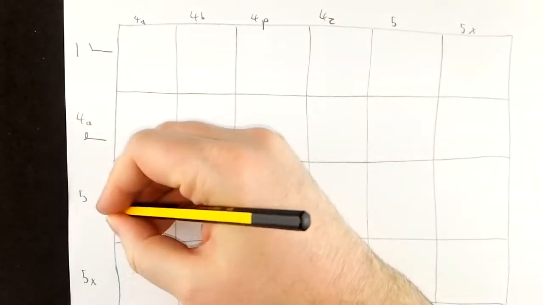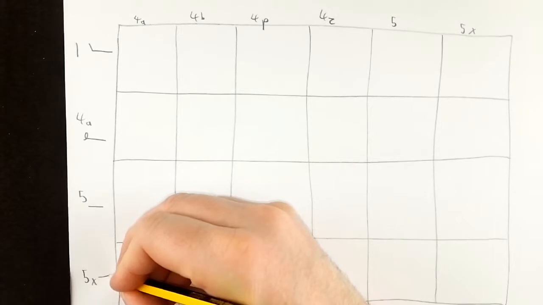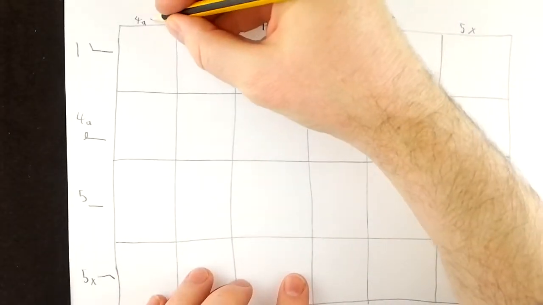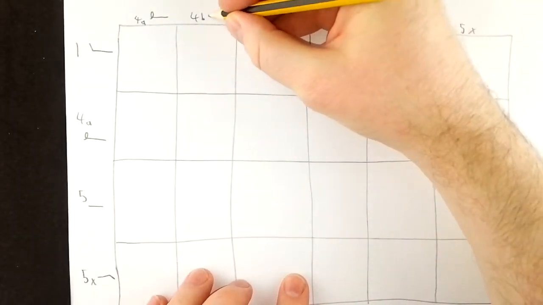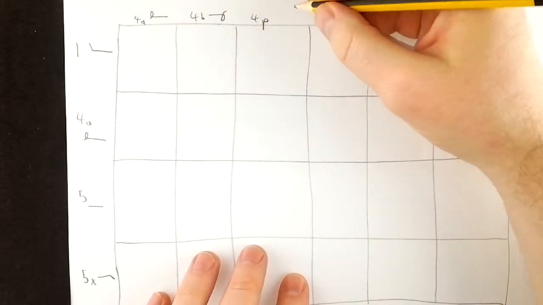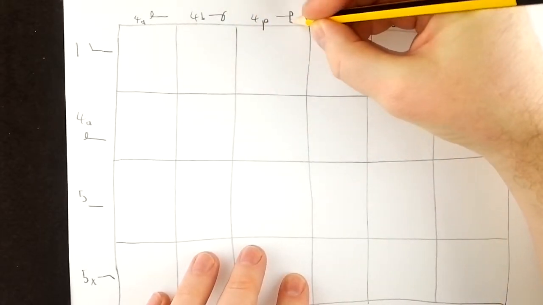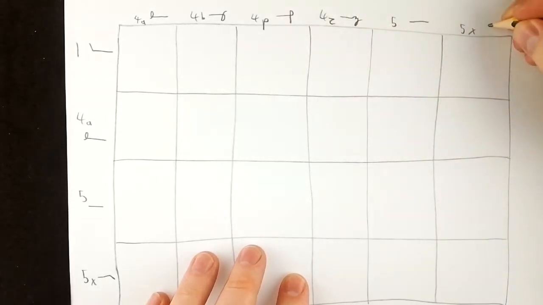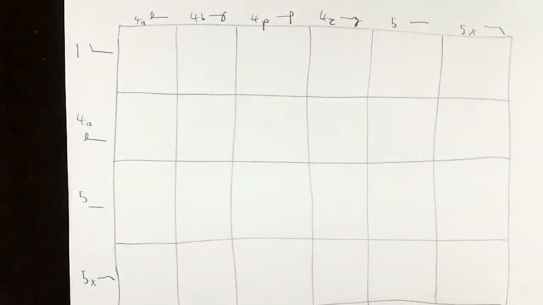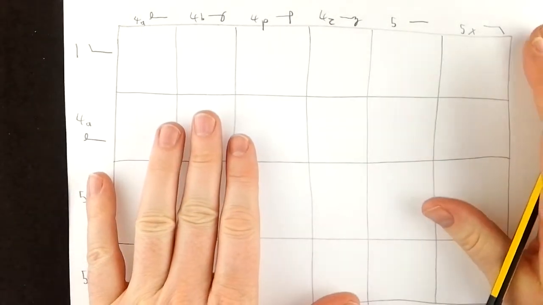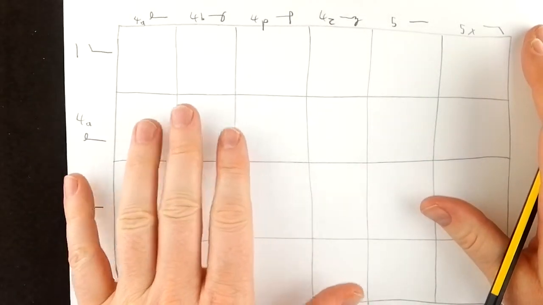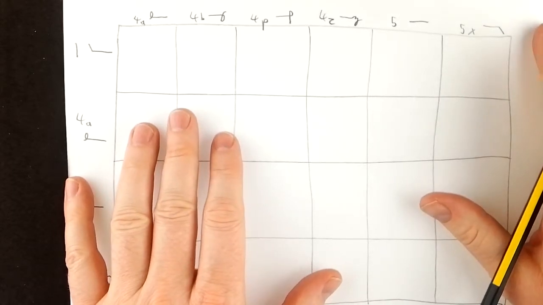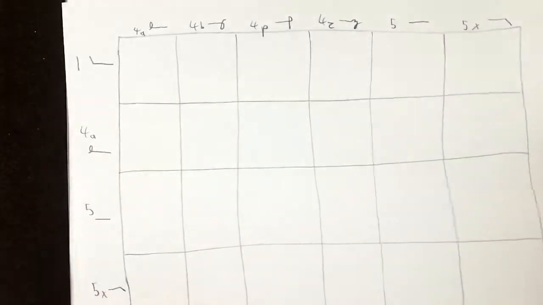4A, 5, 5x, 4A, 4B, 4P, 4Z, 5 and 5x. Okay, so when we combine them, and I will explain the chart as we go, we get a new picture for every sentence.